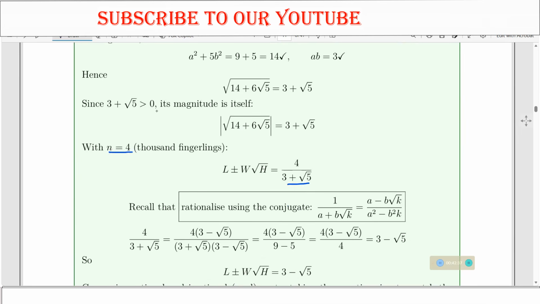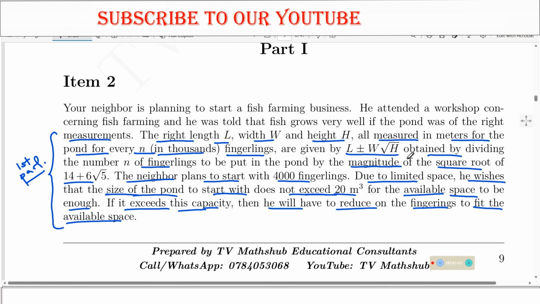With N equaling 4, it was given here. They are saying the right length L, width W, and H, all measured in meters for the pond, for every N in thousands fingerlings, are given by this, obtained by dividing the number N by the magnitude of the square root of this.